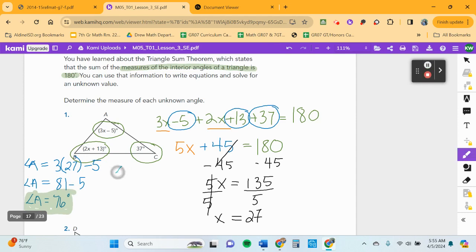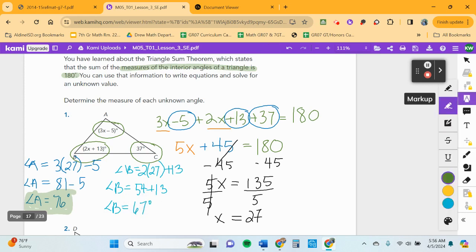The measure of angle B is equal to 2 times x, which we know is 27, plus 13. Measure of angle B, 2 times 27 gives us 54, plus 13. So I know the measure of angle B is equal to 67 degrees.